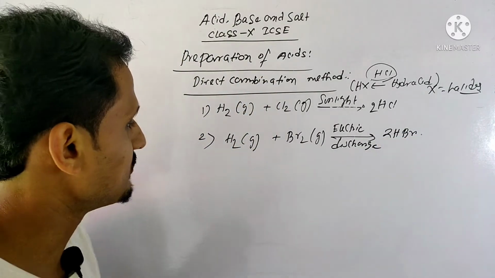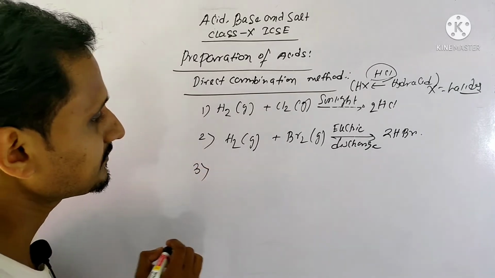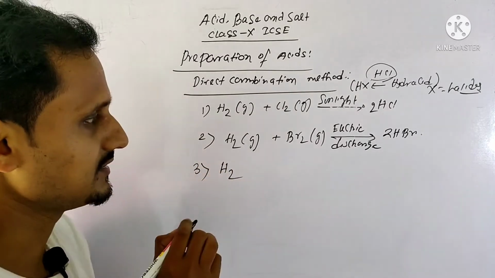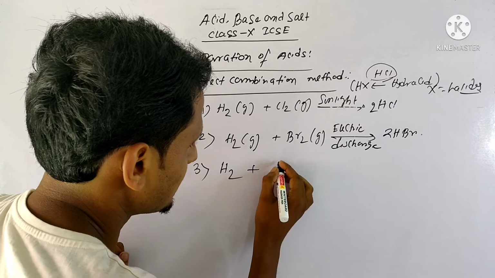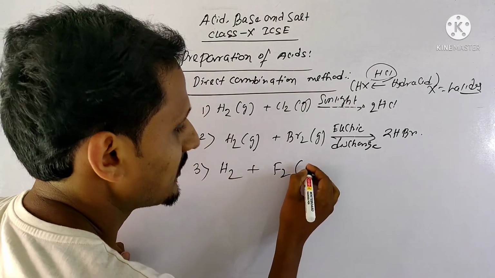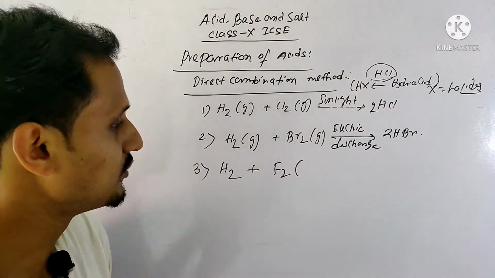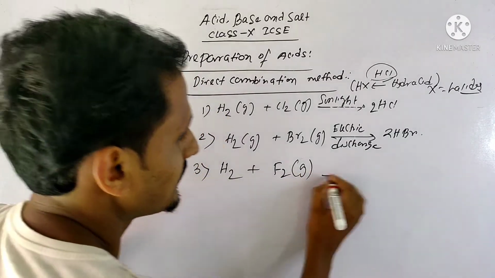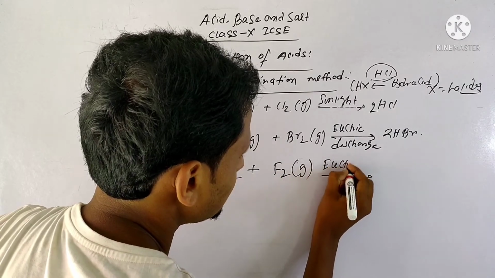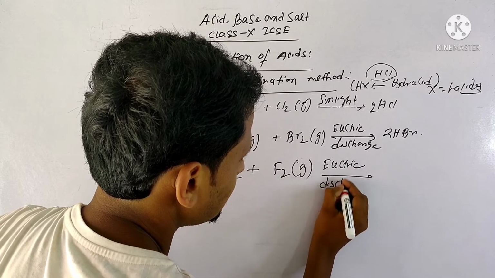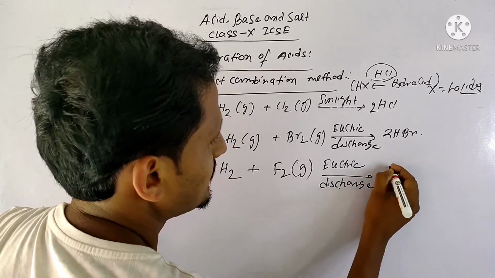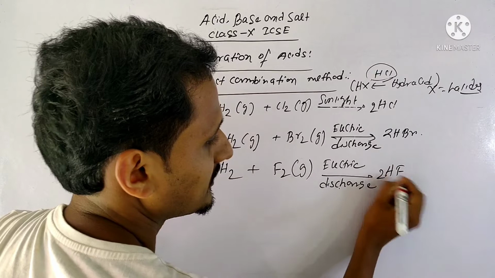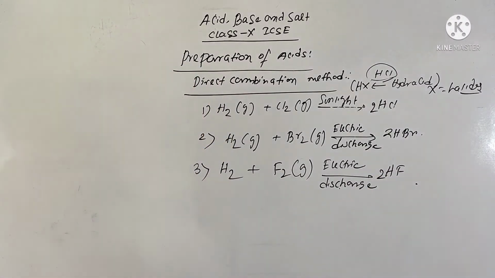Number 3, hydrogen plus fluorine. Fluorine is also in gas phase. Electric discharge, so we get HF. Okay, so copy these things.